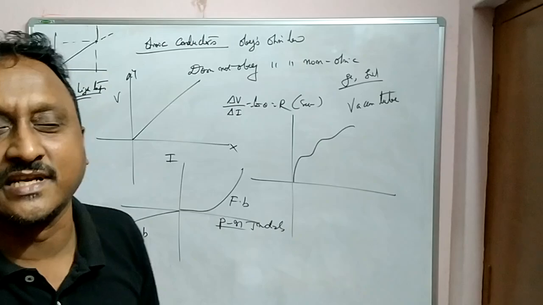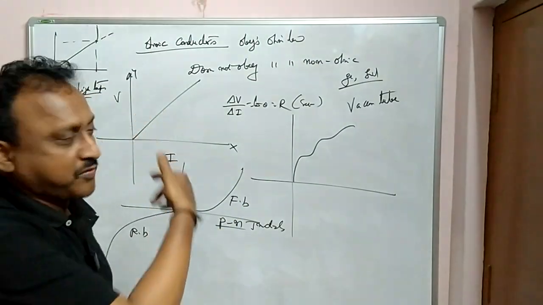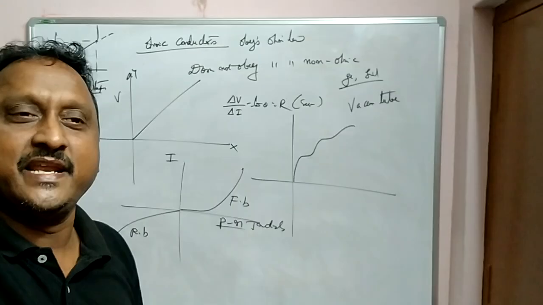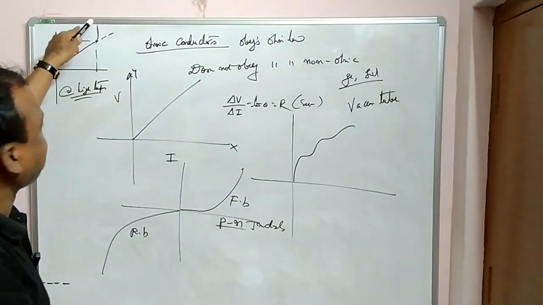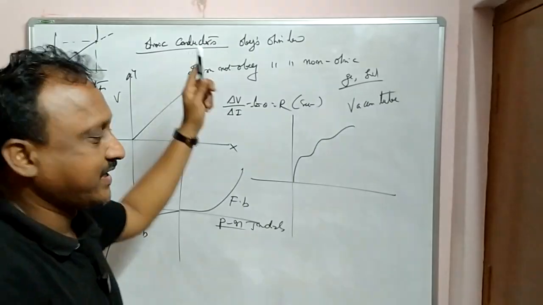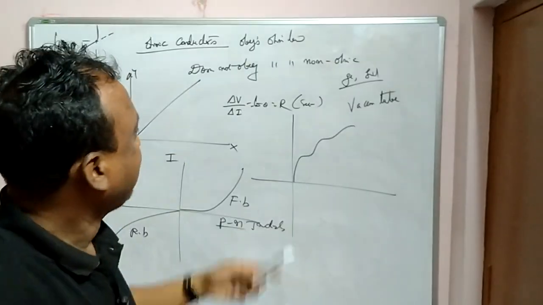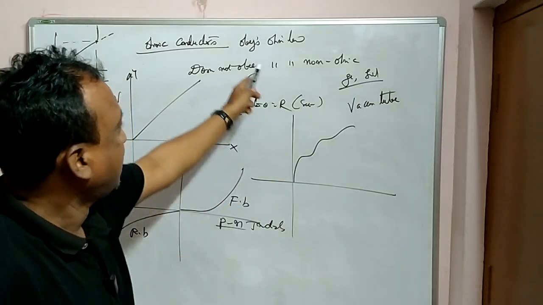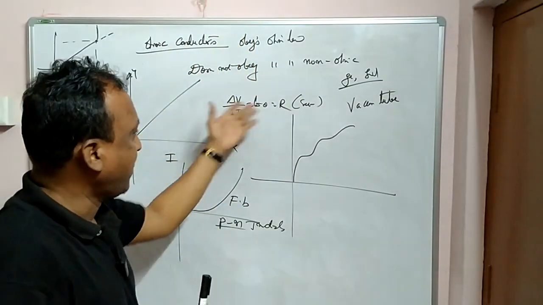What is the Ohm's law definition? At constant temperature, V proportional to I. So when the temperature is very high, metals again do not obey Ohm's law. You can see a small curve coming. So Ohm's law holds at constant temperature, V proportional to I. Those that obey Ohm's law are ohmic conductors. Those that don't obey are non-ohmic.